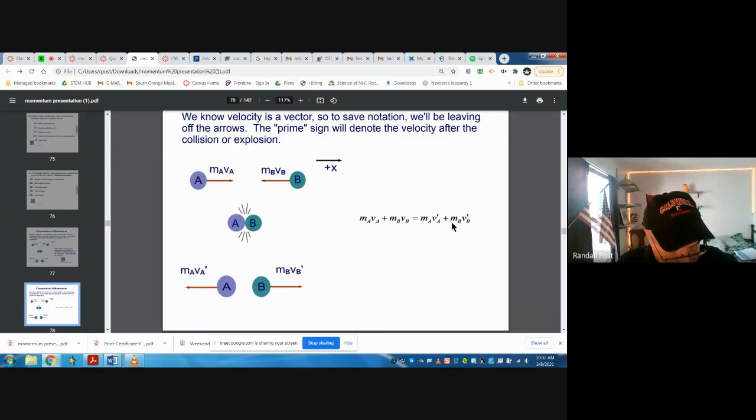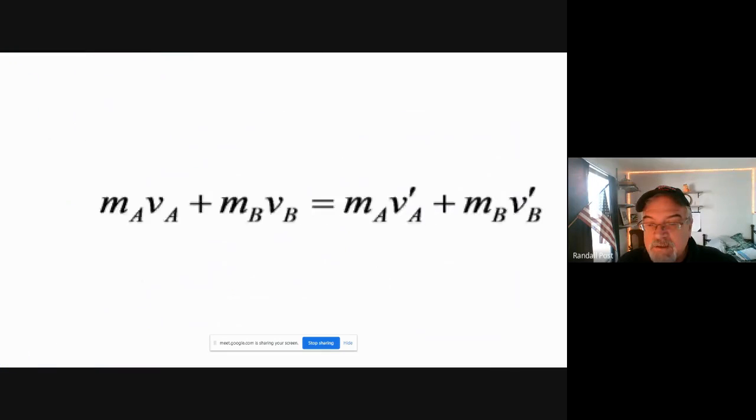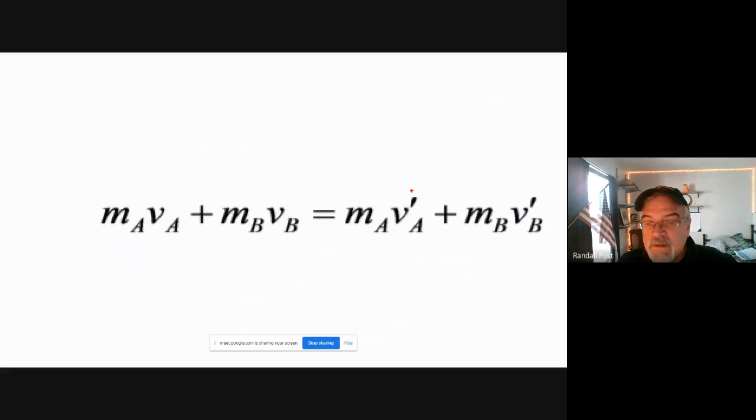Notice this little notation prime right here. This is just shorthand for after the collision, whereas without the prime, this is before.